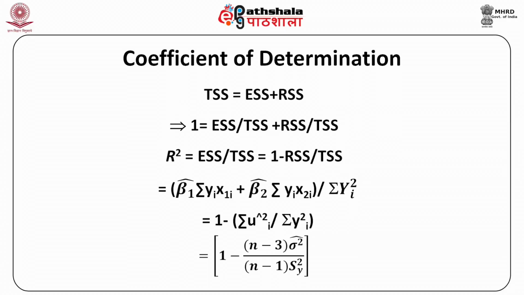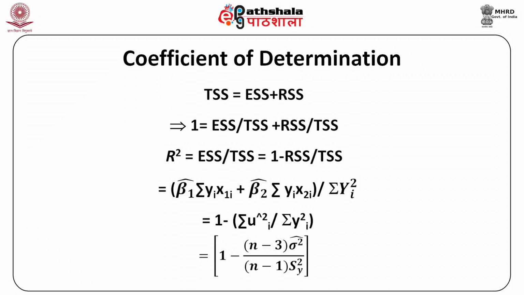R squared is equal to ESS divided by TSS, which is equal to 1 minus RSS divided by TSS, which is equal to beta hat 1 summation yi x1i plus beta hat 2 summation yi x2i, all divided by sigma y squared i, which is 1 minus sigma u hat squared i divided by sigma y squared i, which is equal to 1 minus bracket open n minus 3 sigma hat squared divided by n minus 1 s squared y bracket close.